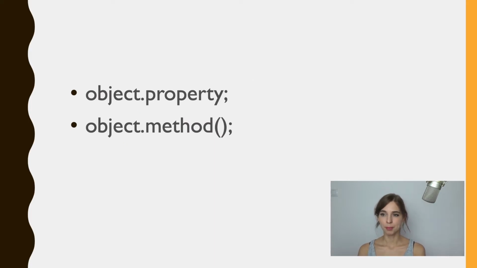We talked a bit about accessing things inside objects. We have this object of the highest level that is a window, and for instance we can access any object by putting a dot after it and the name of the property or the name of the method.